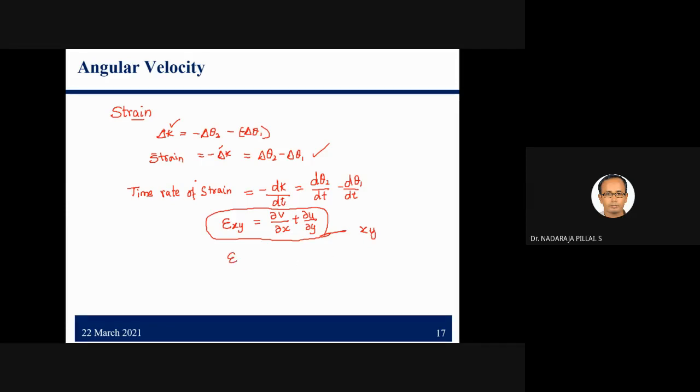Similarly, in the yz plane, dou w by dou y plus dou v by dou z, and in the zx plane, dou u by dou z plus dou w by dou x.